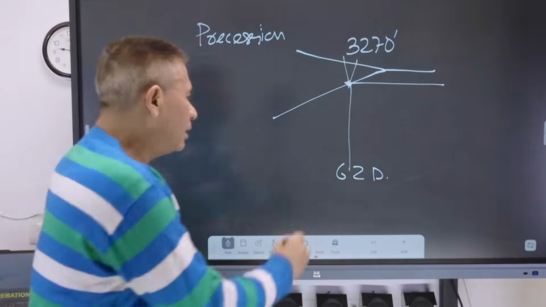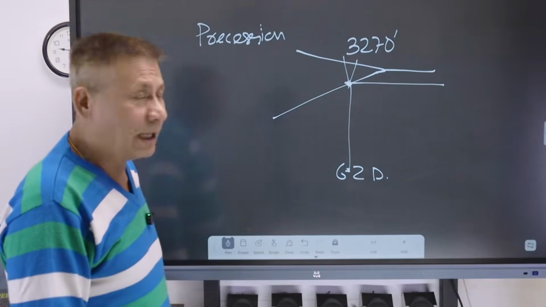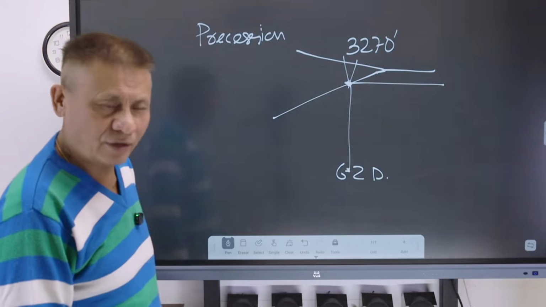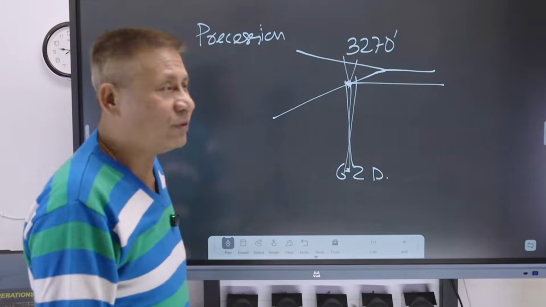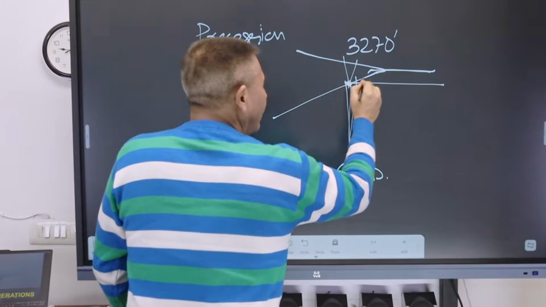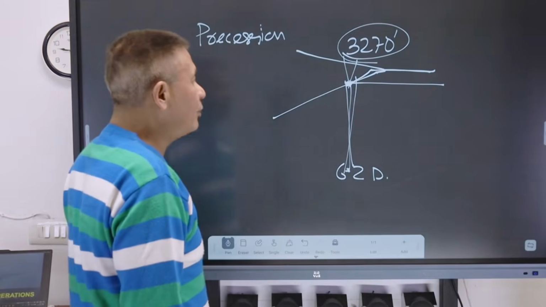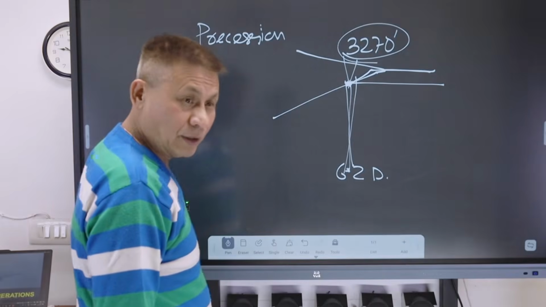So at the distance of 6.2 DME on the ILS glide path, your aircraft should be at a height of 3270 feet. This particular point where you intercept the glide path, and you are checking your altimeter, 3270 feet, this is the place we call the final descent point.